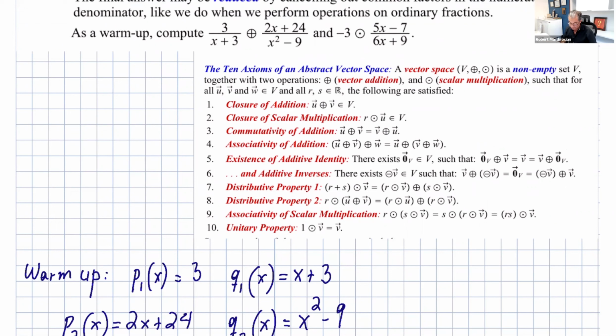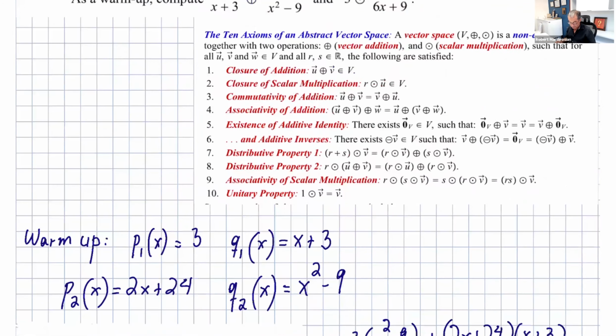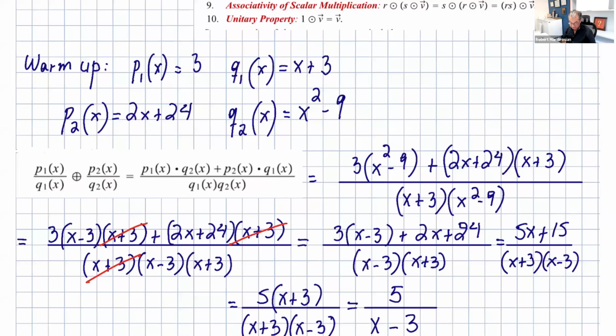You have 3 over x plus 3 plus 2x plus 24 over x squared minus 9, and you have negative 3 times 5x minus 7 over 6x plus 9. In this case, p1 of x is 3, q1 of x is x plus 3, p2 of x is 2x plus 24, and q2 of x is x squared minus 9.